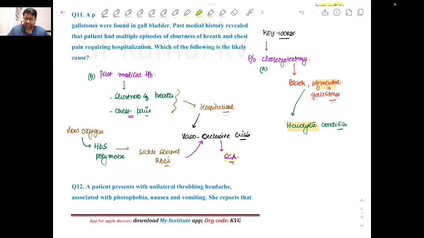So we can correlate the hemolytic anemia part, we can correlate the hospitalization part that is happening because of the vaso-occlusive crisis, and vaso-occlusive crisis is related to sickle cell anemia, right? So Priya, you are absolutely right, but this is how we can correlate the answer with the stem of the question.